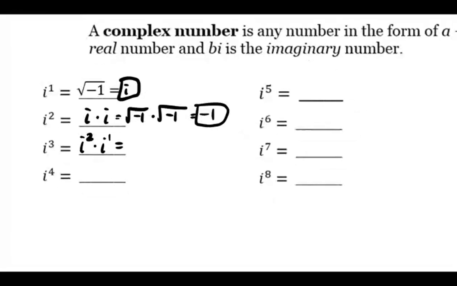Well, let's substitute. What is I squared equal to? Negative 1. So instead of I squared, I'm going to write negative 1 times. And then what is I to the first power equal to? I. What's negative 1 times I? Negative 1i or just negative I, right? If you have a negative 1 times a letter, it's just negative that letter. We just assume that there's a 1 in front.